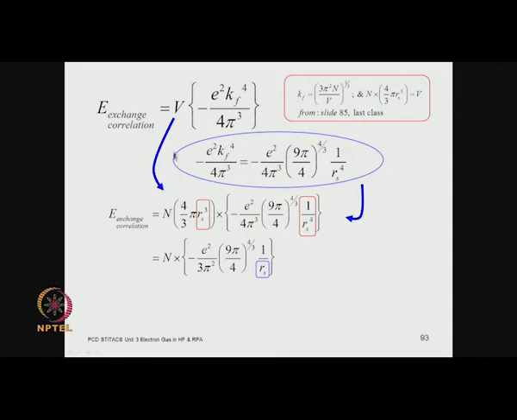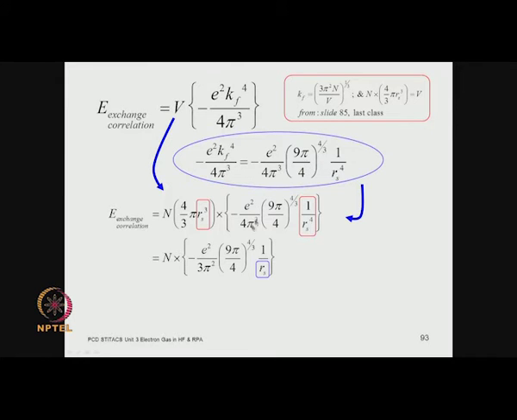This volume is nothing but the number of electrons times the average volume of each electron, which is in this bracket 4/3 pi r cube with the Wigner radius Rs. And the second factor in this beautiful bracket is what appears over here with k to the power 4 or kf to the power 4 replaced by 1 over Rs to the power 4. And then there are these other constants which take care of the numerical balance.